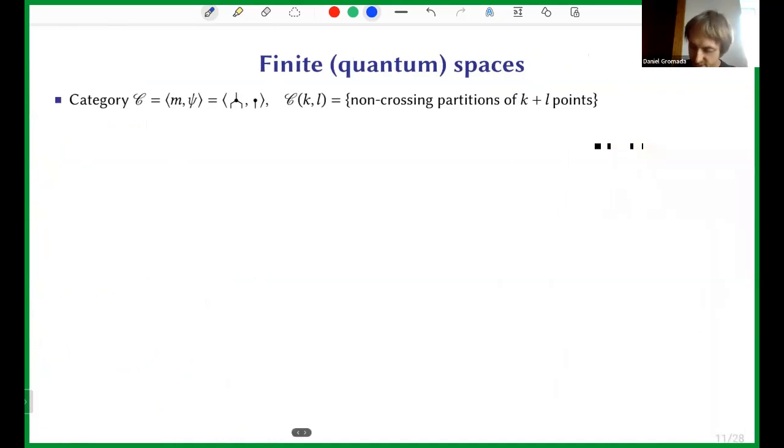Right, so this is just the summary of what I have written. By the way, I used as generators this m and beta this time, but it's also generated by these two partitions, but that's not so important. So that's nice.